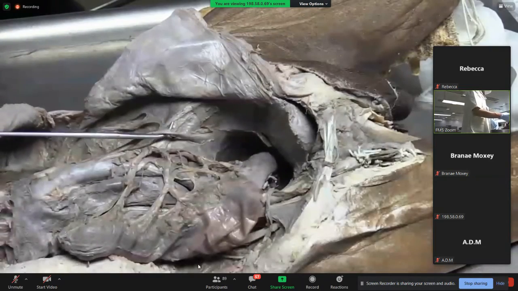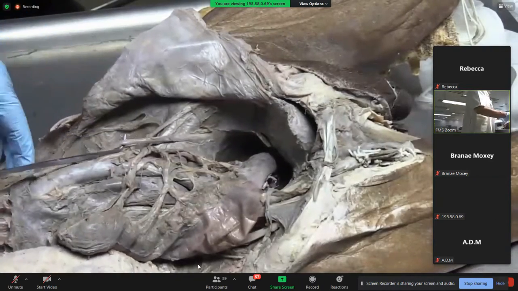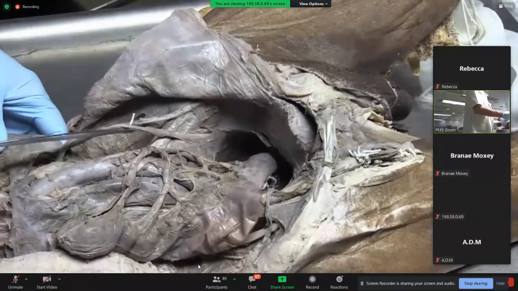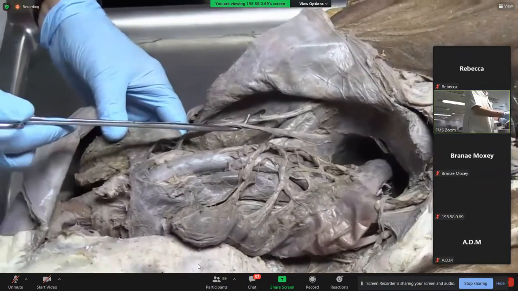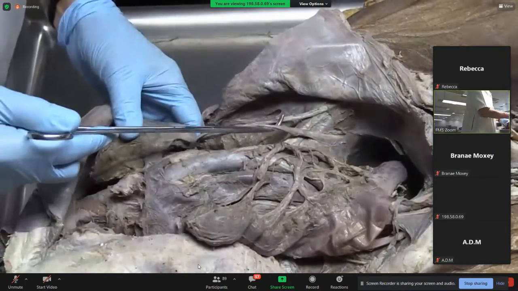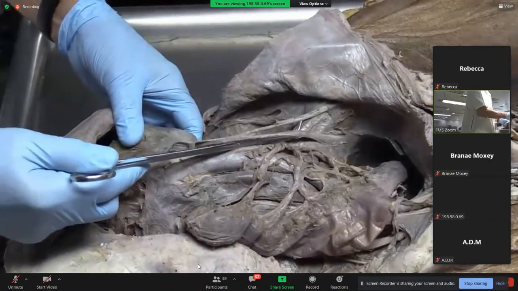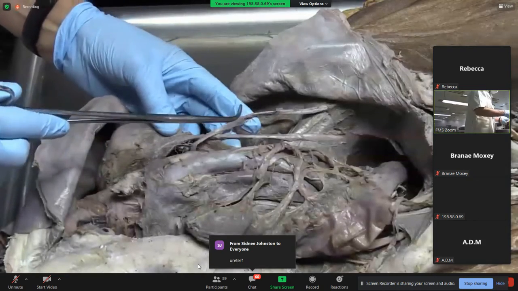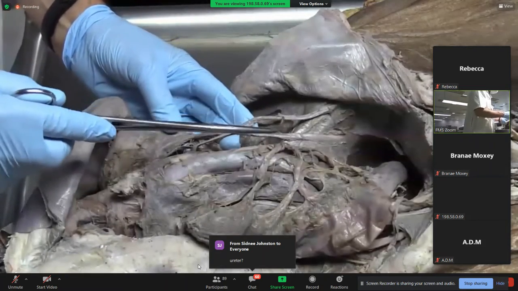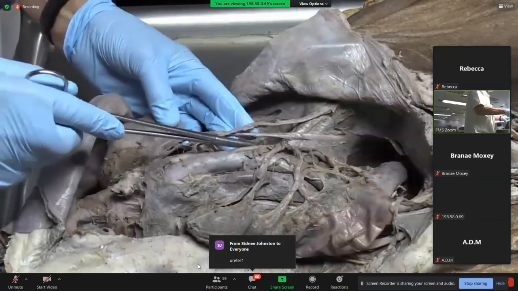Going right up to here. What is that? That's the left ureter. Sometimes I forget what I'm teaching. I'm really not teaching you GI right now, but you have to know that the left ureter is an important relation of the sigmoid mesocolon.